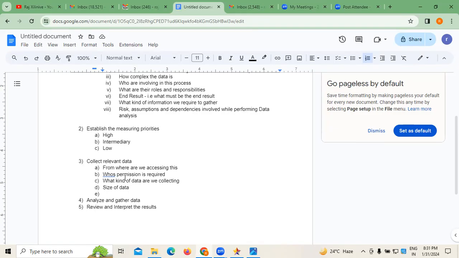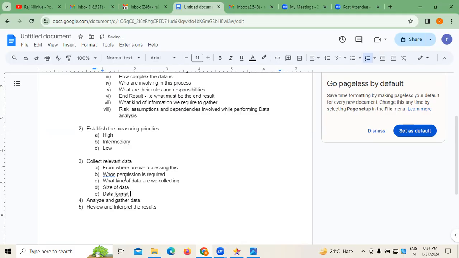So what kind of data are we collecting? We must know the size of the data as well. This is also one of the key and prominent elements we have to focus on when collecting the relevant data. Next, last but not least, we must know the data format.